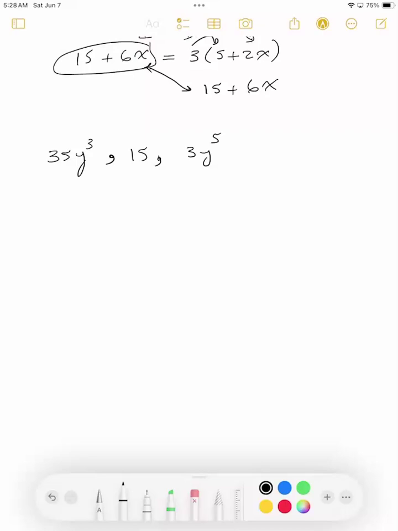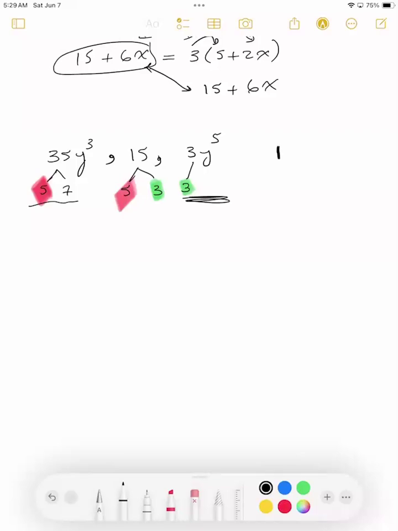So 35 is made out of 5 and 7. 15 is 5 and 3, and this is a 3. As you see, I don't have anything in common. They both have 3 here, but this one doesn't have a 3, or these two have 5, but this one doesn't have a 5. So the greatest common factor is 1.